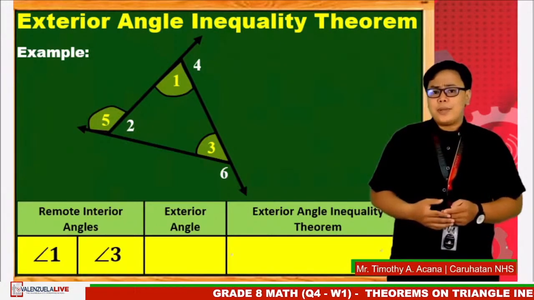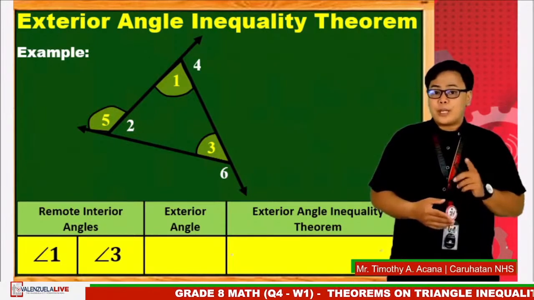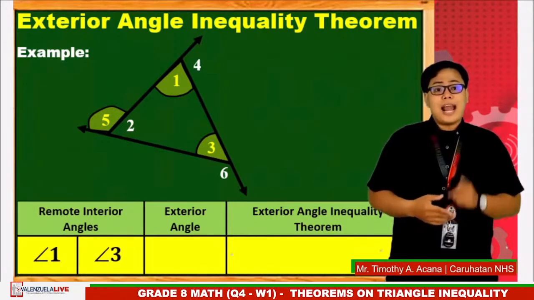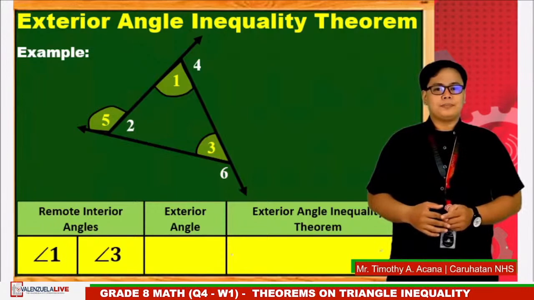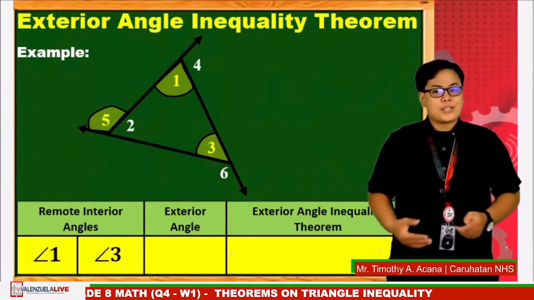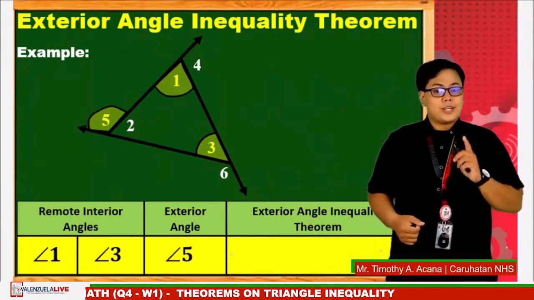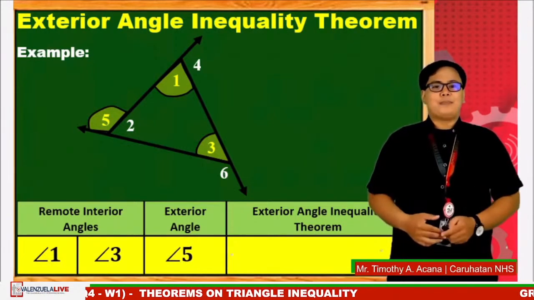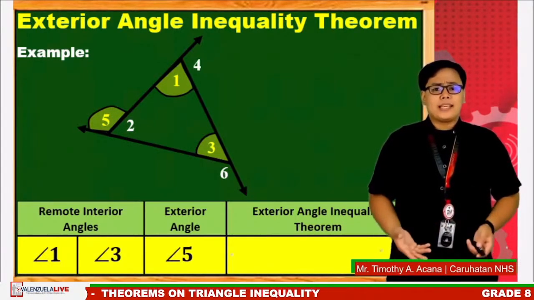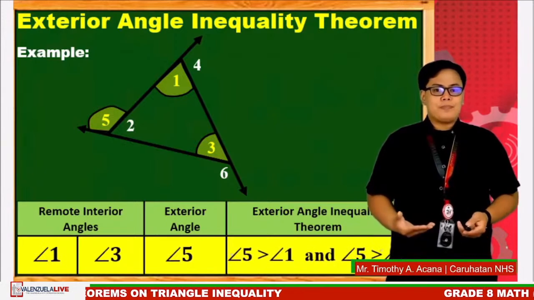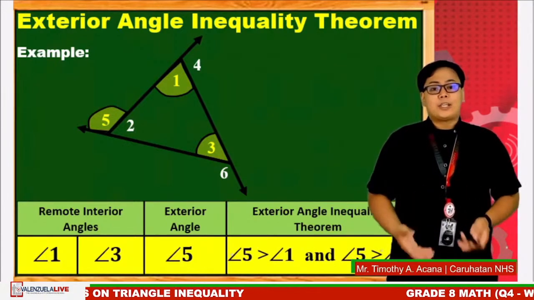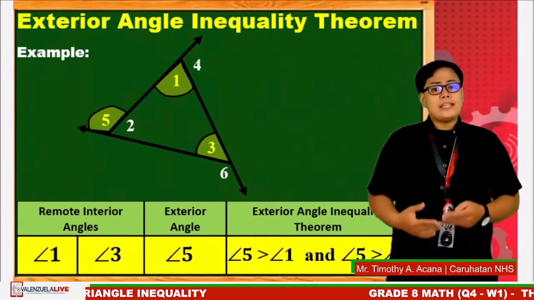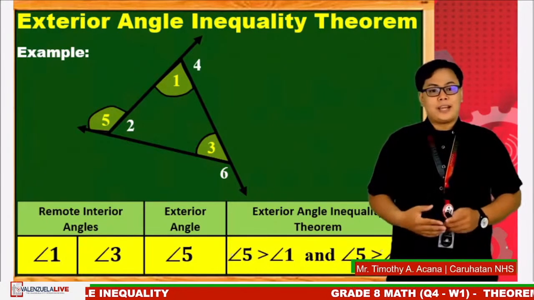Now let us determine the exterior angle if the given remote interior angles are angle 1 and angle 3. That is correct. The exterior angle is angle 5. And by the exterior angle inequality theorem, we have angle 5 is greater than angle 1 and angle 5 is greater than angle 3.